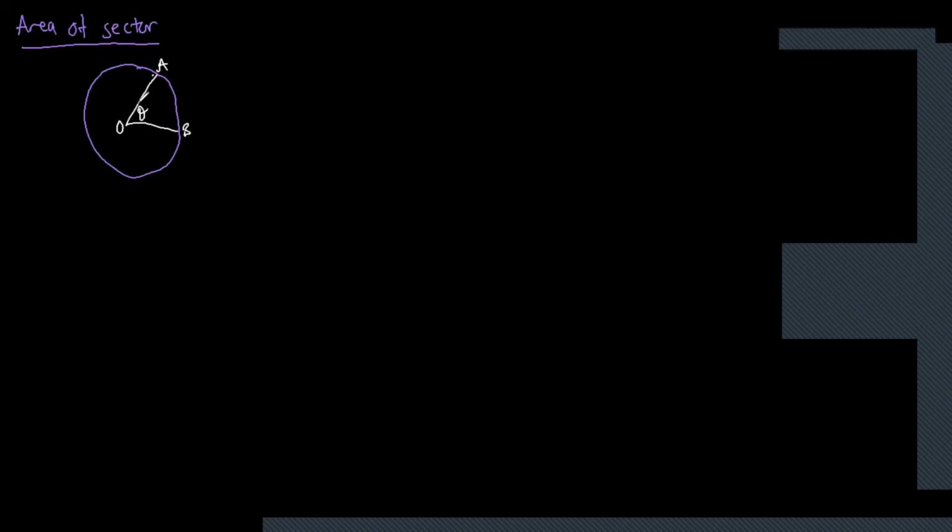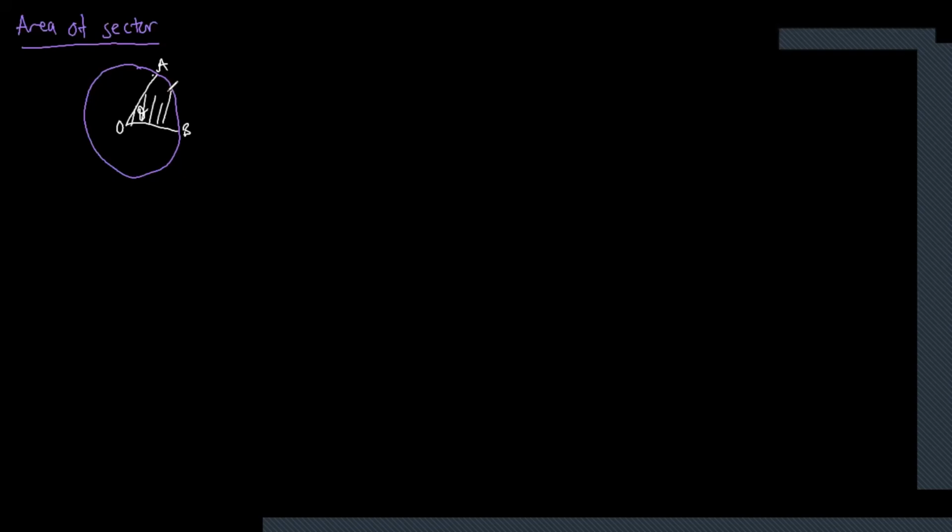If you want to find the area of this cake, or the sector, the area is given by theta over 360 times pi r squared.